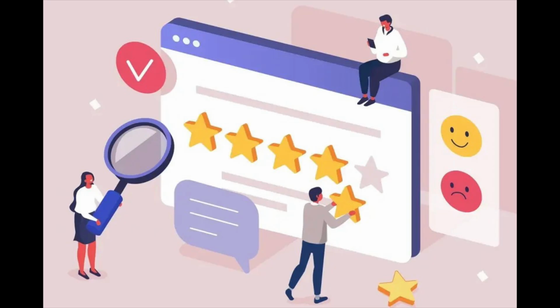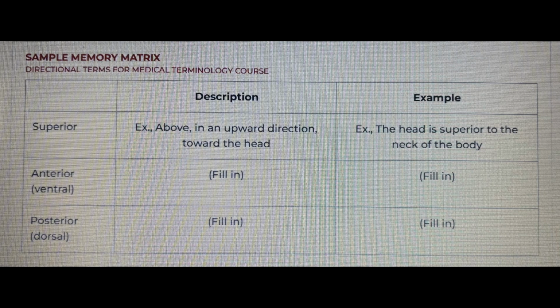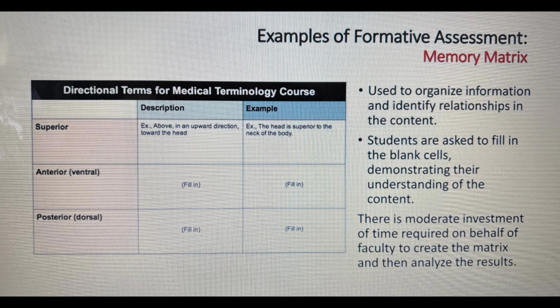A memory matrix is a table with only row and column headings provided. The instructor provides the memory matrix to the learners and has them fill in the responses for the blank cells. For example, this memory matrix assesses students' understanding of medical terminology related to directions.